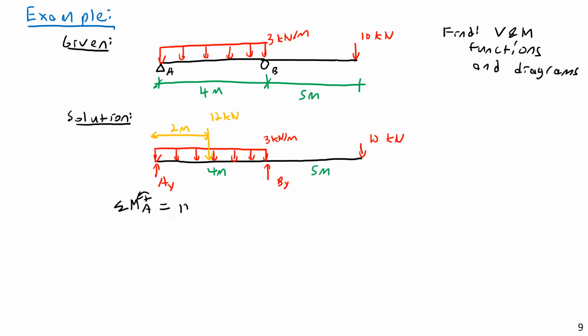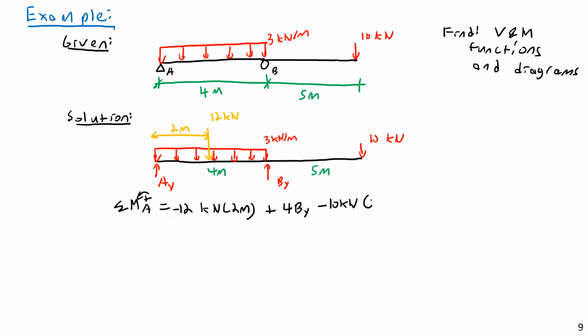Okay, so the sum of moments about point A, I'll have the negative moment caused by the 12 kilonewton force, so minus 12 kilonewtons, with a moment arm length of 2 meters. Then I'm going to have BY, a positive moment because of counterclockwise rotation, so 4 meters times BY, or 4BY. Then a negative moment from the 10 kilonewton force, so minus 10 kilonewtons times a total moment arm length of 9 meters.